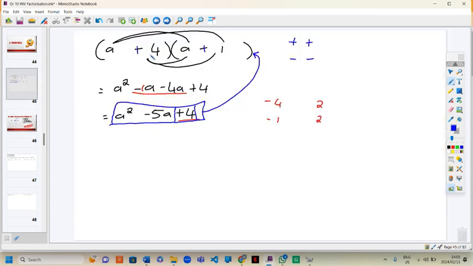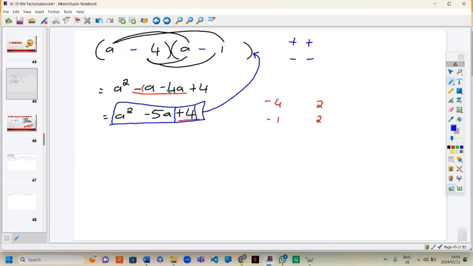Let's go back here. Originally we had two negatives inside the bracket. When I multiplied this a with this negative 1, I got a negative a, and when I multiplied this a with this negative 4, I got a negative 4a.